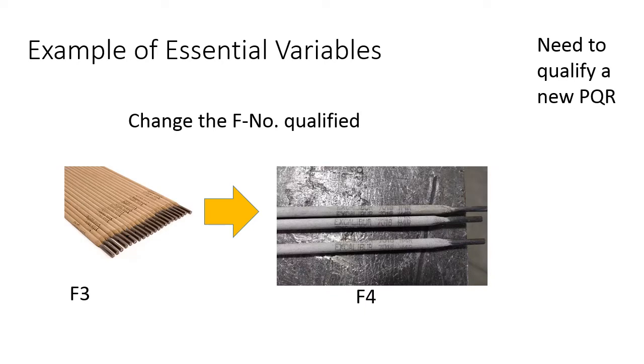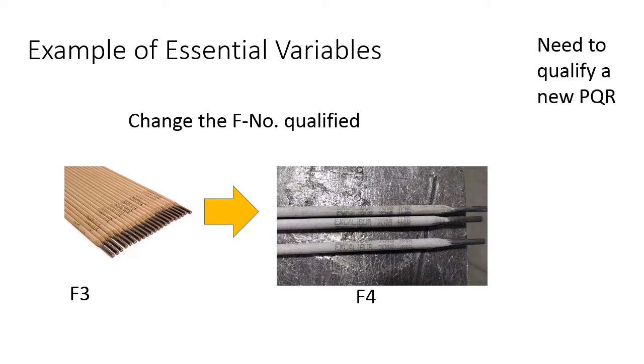Here's another example of an essential variable. If we were stick welding, shielded metal arc welding, and we had a welding process that was qualified with E6011, which would be an F3 material over here on the far left, and then we decide, oh, we're going to change and use a different filler material. We're still welding carbon steel to carbon steel, but we need to change the filler metal from 6011 to 7018.